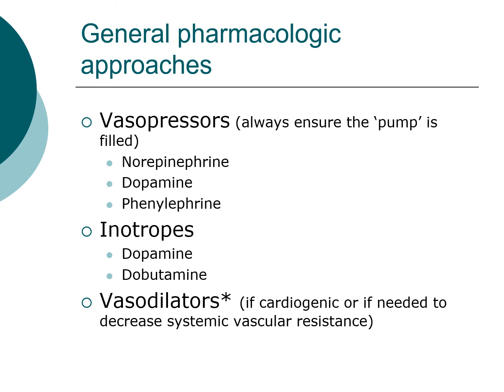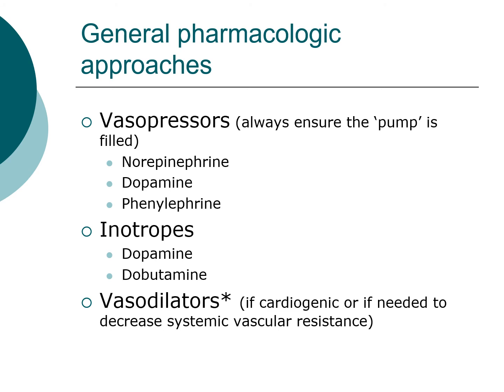So you might see the person on dopamine or dobutamine. I'm not asking you to memorize those or talk about those in a test situation, but just to be able to recognize these classifications of medications for treatments of shock.